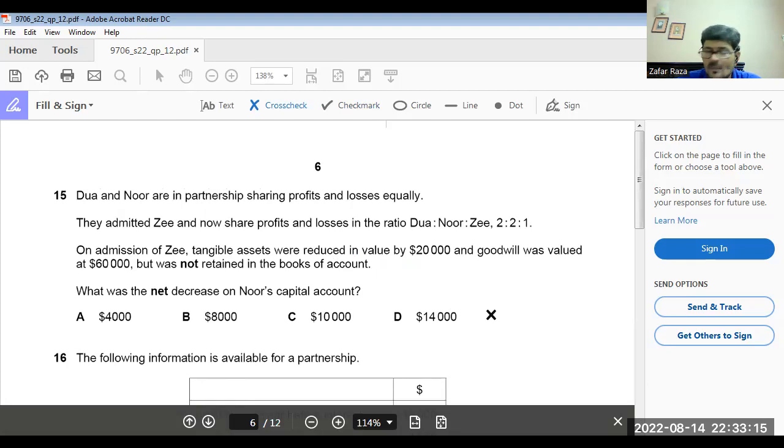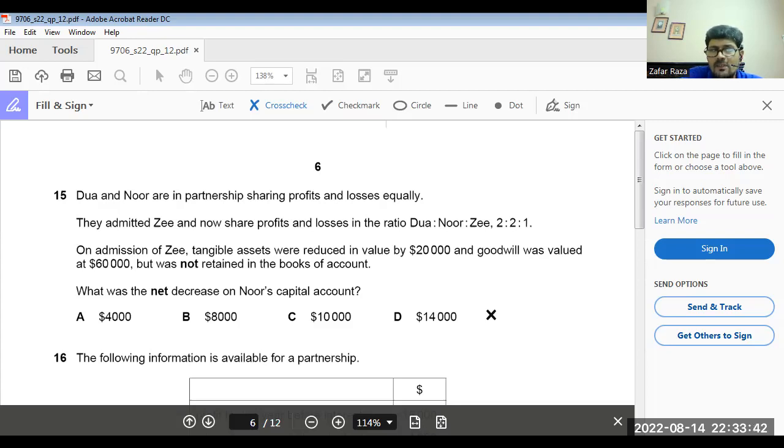So what will happen? Now, first, before the admission, the goodwill is 60,000, so it means she will get a share of 30,000 of goodwill. Okay, she will get 30,000 credit in her capital account. Now 20,000 loss means before admission of Z, they were sharing everything equally.